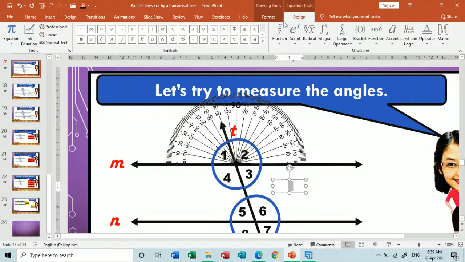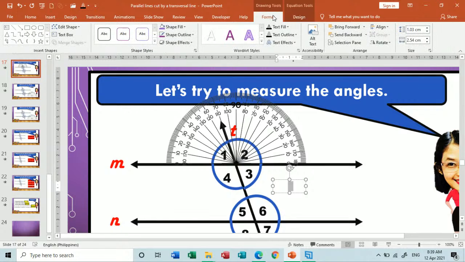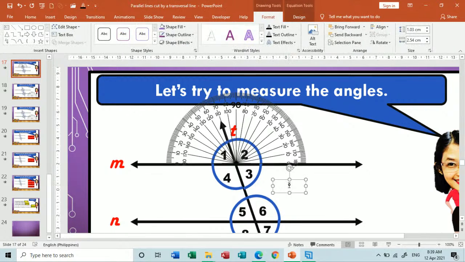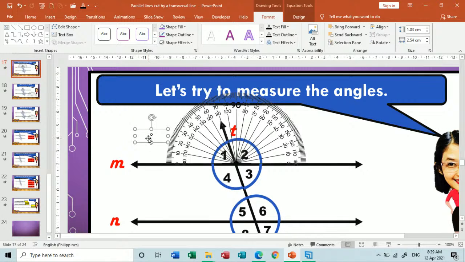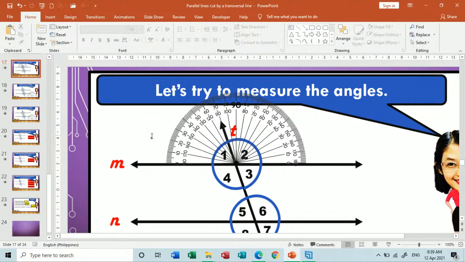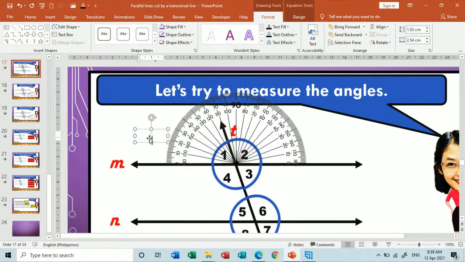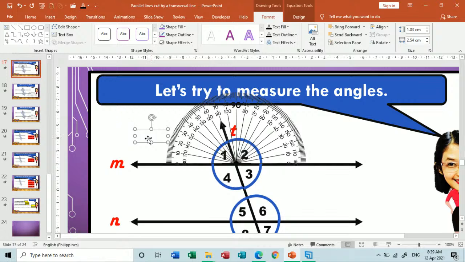Angle 1 is an acute angle. So, since it is acute, the measurement of it must be less than 90 degrees. And when you are measuring, you should always start from 0. Okay? So, the answer is 70 degrees.